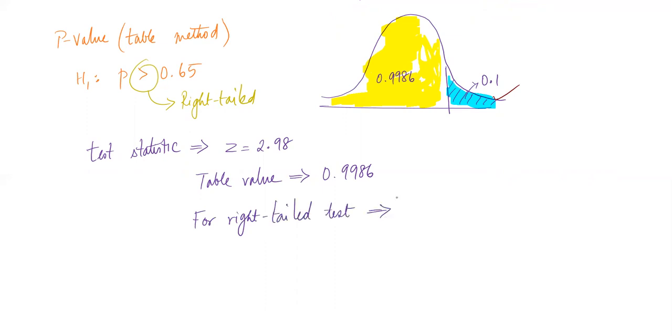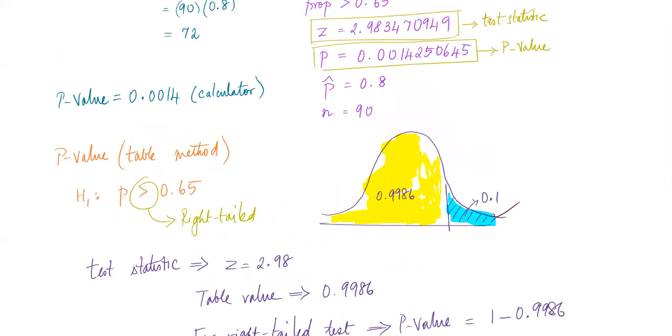It implies your p-value must be obtained by doing 1 minus this 0.9986. And if you use the calculator for 1 minus 0.9986, you get 0.0014. That's what we got here as the p-value from the calculator. The calculator gave you more decimal places. We rounded it to 4 decimal places.